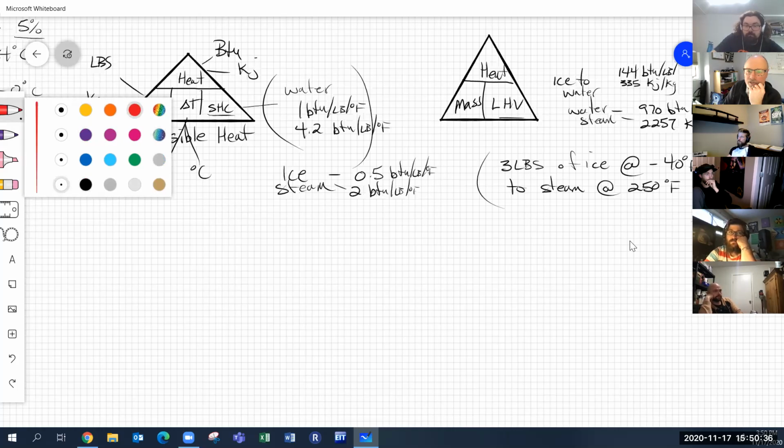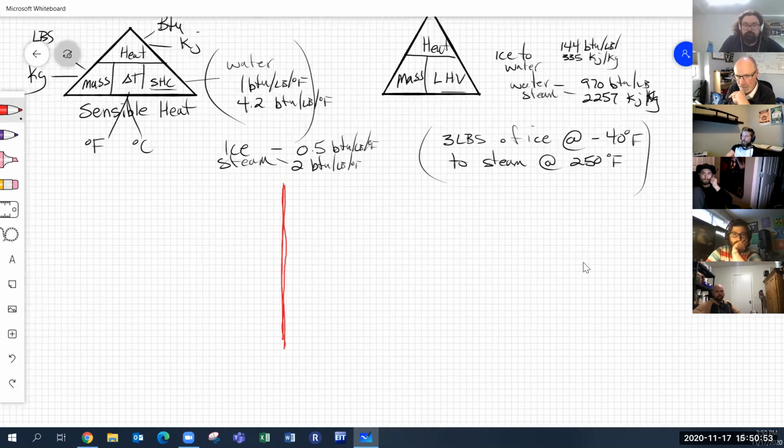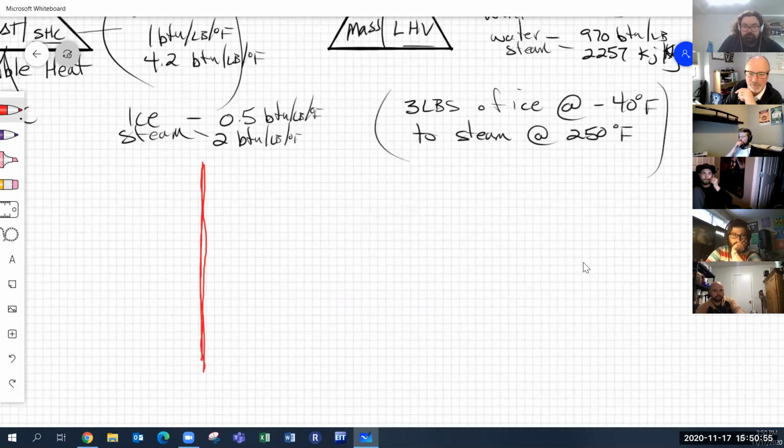Anytime I do a latent heat calculation or sensible heat calculation in multiple steps, I will draw a line on my page. This line indicates a temperature scale, and I will put my temperatures in.